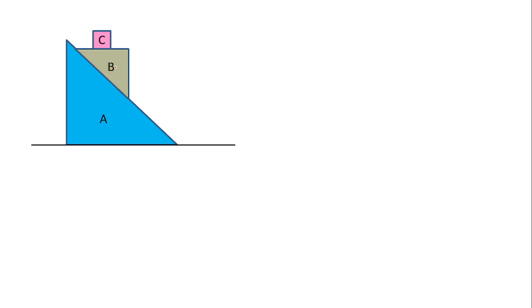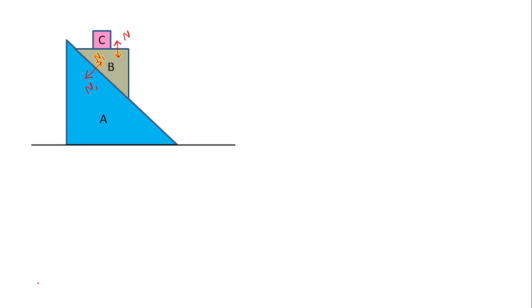Let us say the normal interaction force at this surface is N. N means C is feeling a normal force N upward and B is feeling normal force N downward. Similarly, let the normal interaction force here be N1, N1 on this and N1 on this. Now, you draw the free body diagram and very easily you will get the answer.